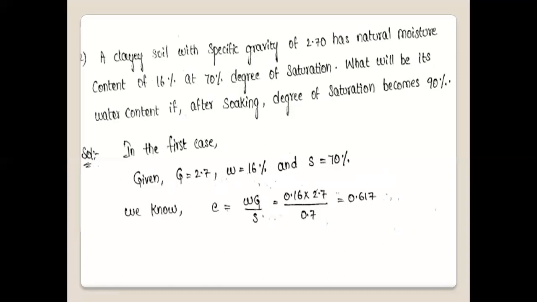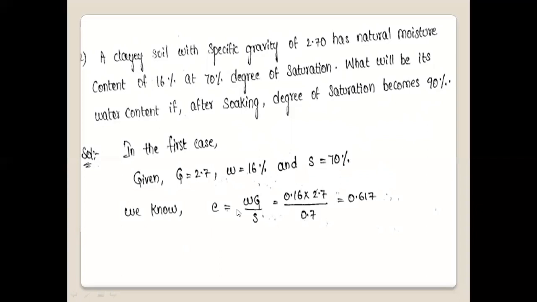First, the given data. In the first case, the given specific gravity G equal to 2.7, water content W 16 percent, and degree of saturation S equal to 70 percent.